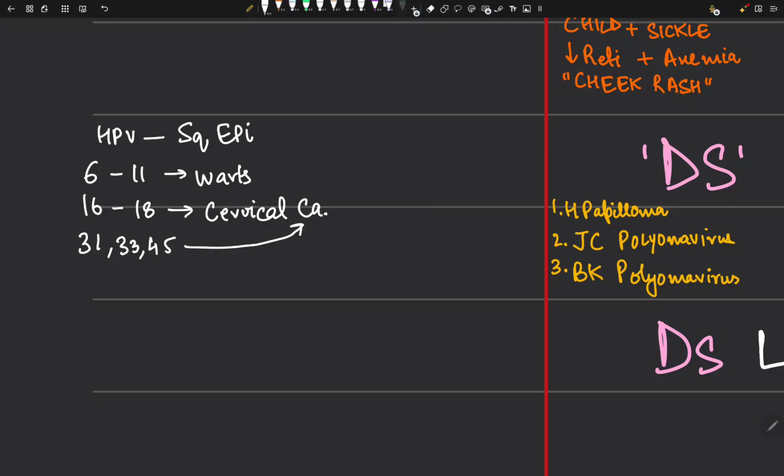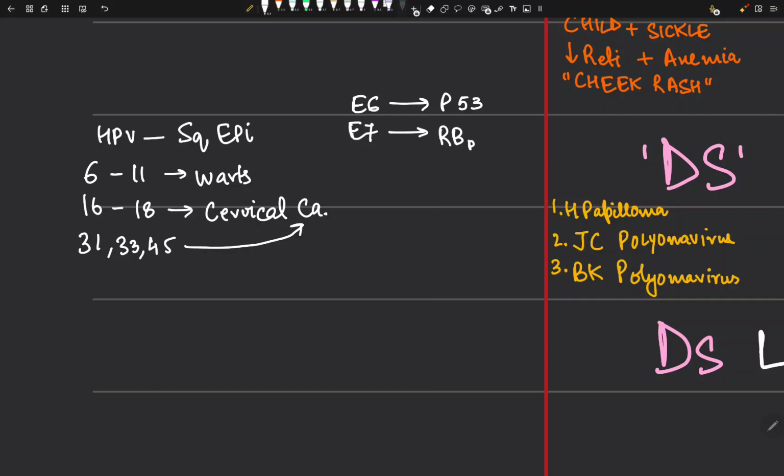Now the simple mechanism of human papilloma is that we have two proteins, E6 and E7. Simple mechanism: E6 stops P53, and E7 stops something called retinoblastoma, the RB gene, the retinoblastoma protein.